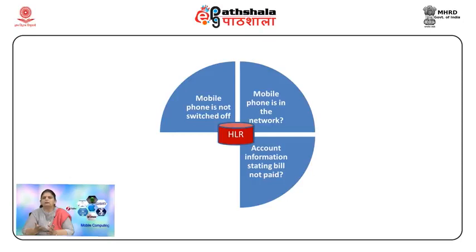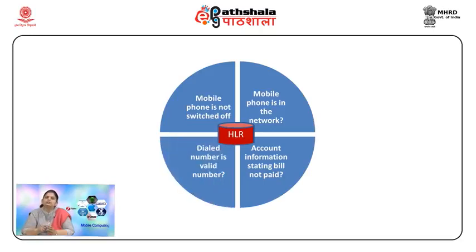In some types of calls, if the mobile phone is in roaming state, then it should have enough balance so that a call can be made to it. This information is also stored in the HLR. And the last thing which needs to be known is that the number which has been dialed is a valid number. So, the identifier related to the mobile phone should be valid. So, these 4 pieces of information are retrieved from the HLR before the steps are taken to route the call to that particular mobile phone.